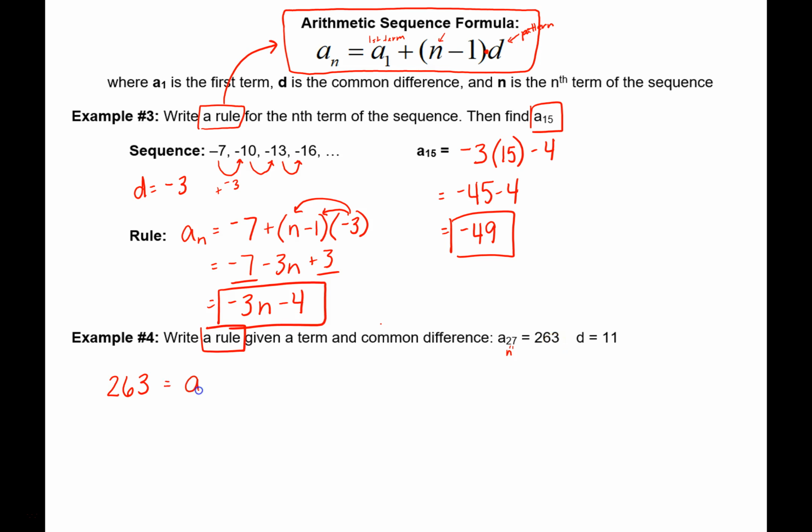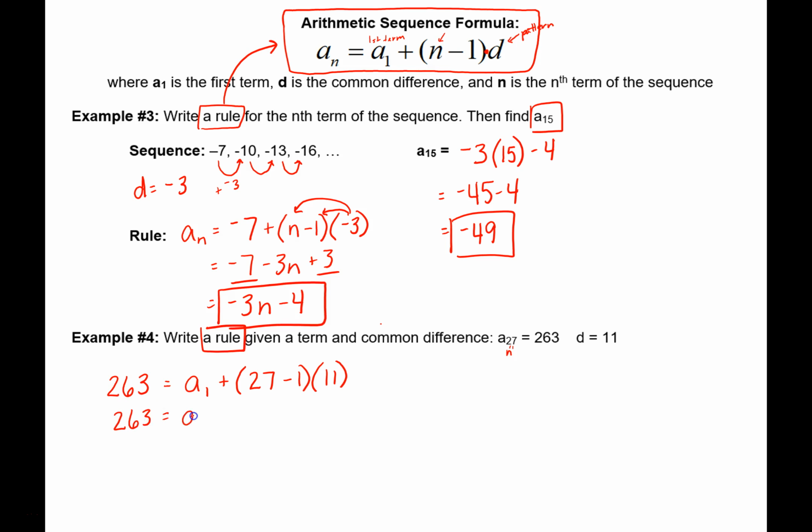We haven't been told what the first term is in the list, so I'm going to leave that part of the formula as a sub 1. We've been told the 27th term, so that means we know 27 is what n is equal to when we're looking at a sub 27. And then we also know what d is. So again, I'm going to use Algebra 1 to simplify this.